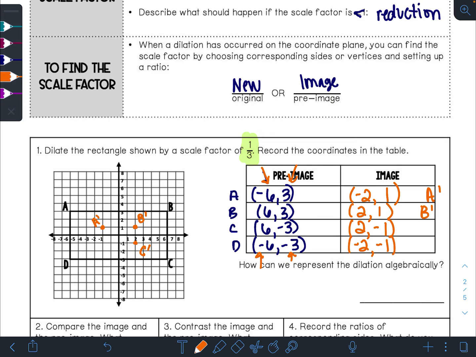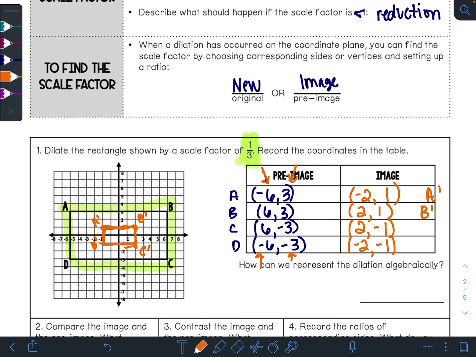And then -2, -1, and that is D prime. Since my scale factor is less than 1, it makes sense that my shape got smaller. I have my larger shape here, and it reduced because my scale factor is 1/3.